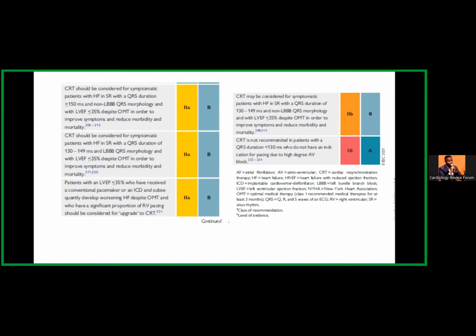Let's remember that it's a concept currently being looked into. If we can achieve the same result as LV pacing, pacing the left ventricle, that will be a fantastic modality in the future.